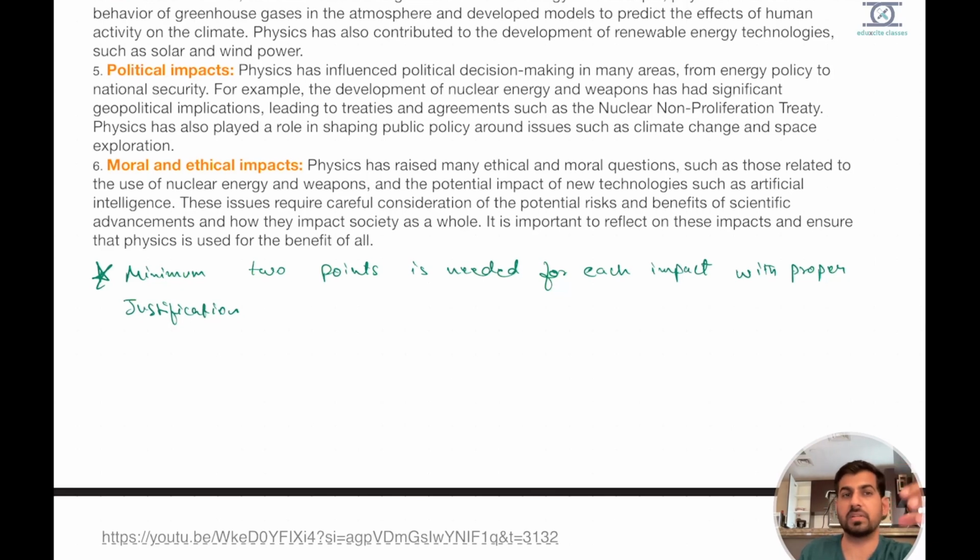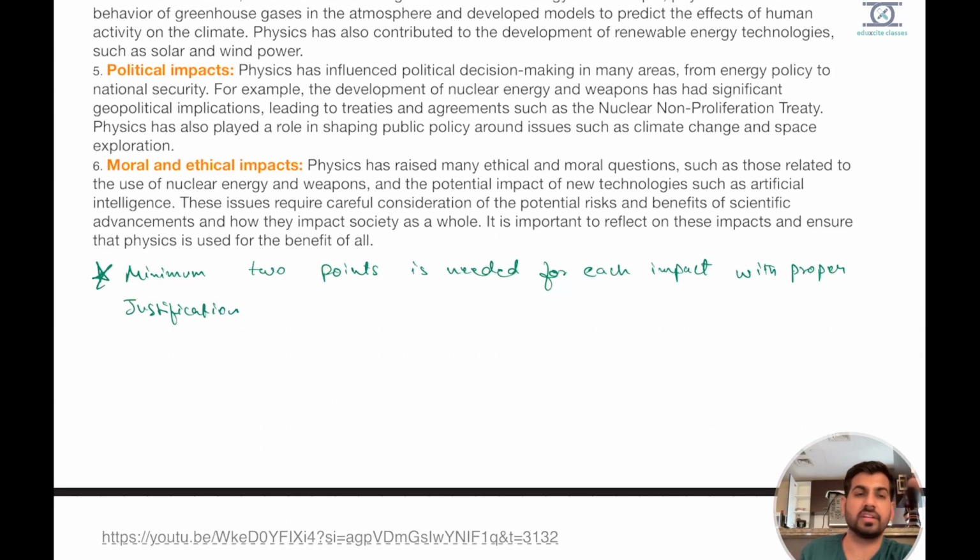These things come under the political impacts. If a policy has been implemented, how is it affecting the nation as a whole, the neighboring countries as a whole, or at a global stage as a whole? So that comes under the political impact. So basically the security related to it, right?